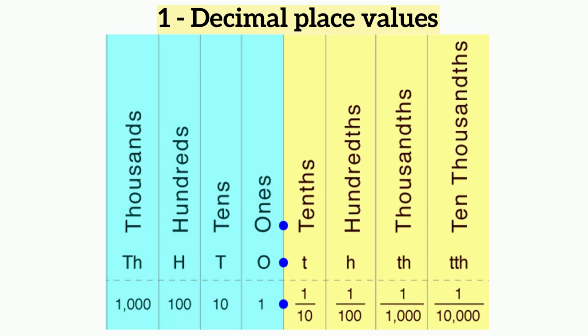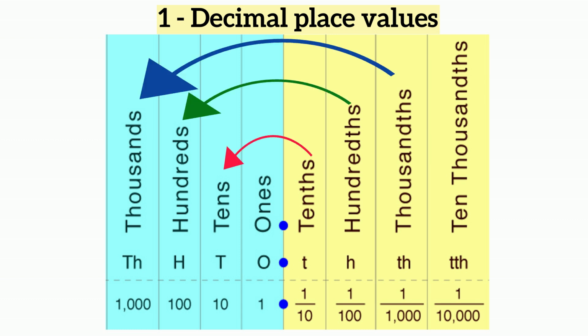Now, let's learn the names of some places together. In this illustration, we have thousands, hundreds, tens, ones. Then after the decimal point, every place ends in T, H, S. So we have tenths, hundredths, thousandths, and so on. You need to notice that the names of the places before the decimal point are the same as the places after the decimal point, but with T, H, S at the end.